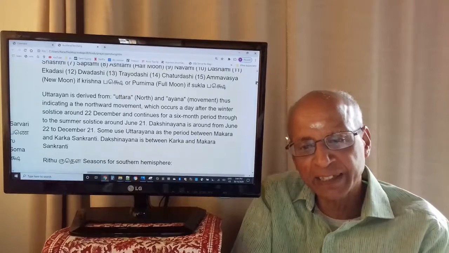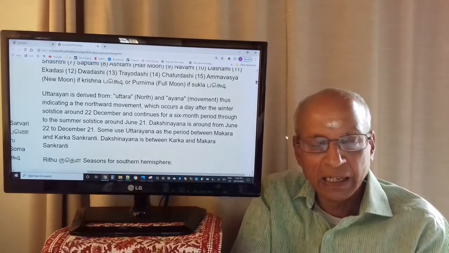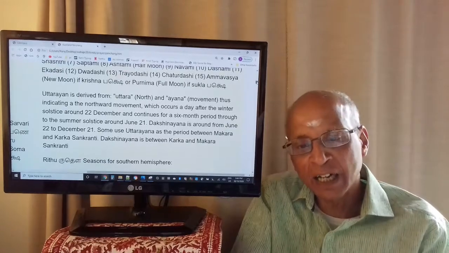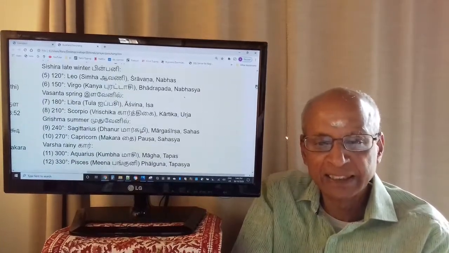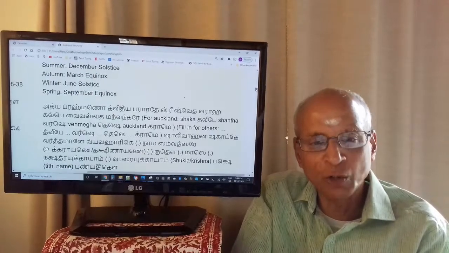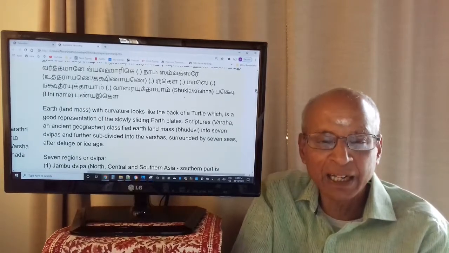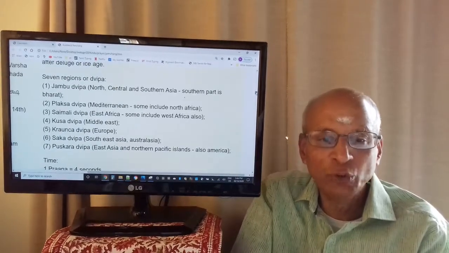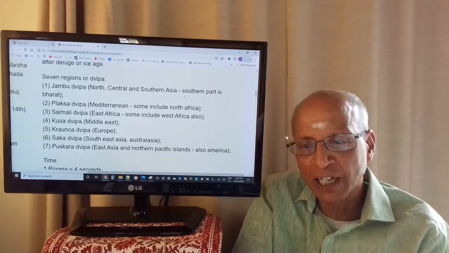Uttarayana and Dakshinayana, that is a 6-month period, like the sun in the northern hemisphere and southern hemisphere. Rudu seasons, I wrote this for Auckland or New Zealand, showing how it varies and how you change for New Zealand. Earth landmass, then 7 Dvibas, like Saga Dviba, maybe Southeast Asia, Australasia.